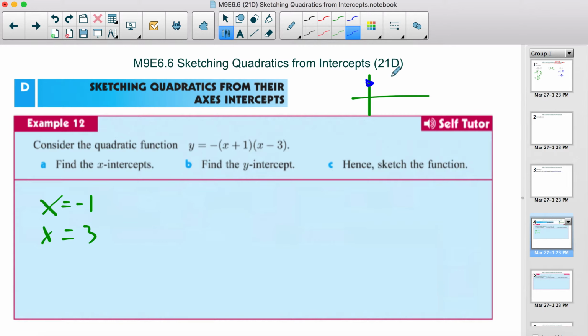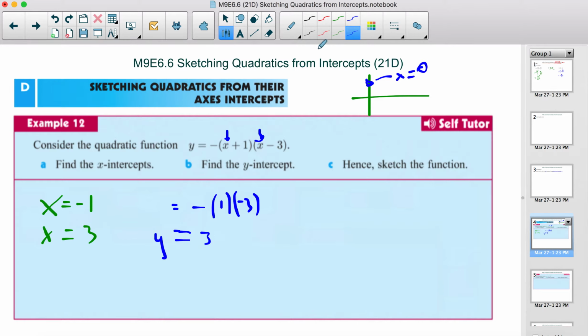So instead of expanding, let's just put in x equals 0 because that intercept is not over to the left or right. So this becomes negative, 0 plus 1 is 1, and 0 minus 3 is -3, so this should be -3. So the y-intercept should be at +3.